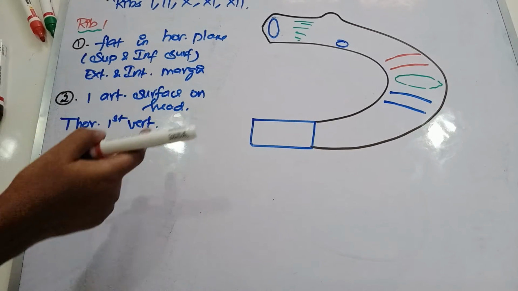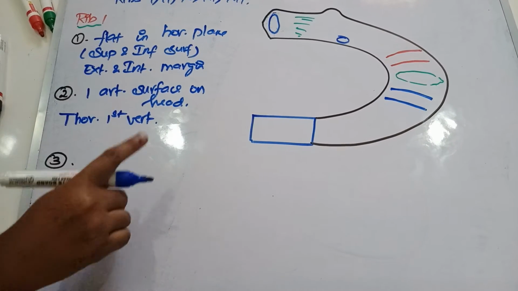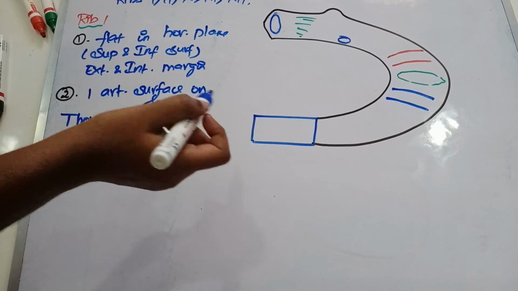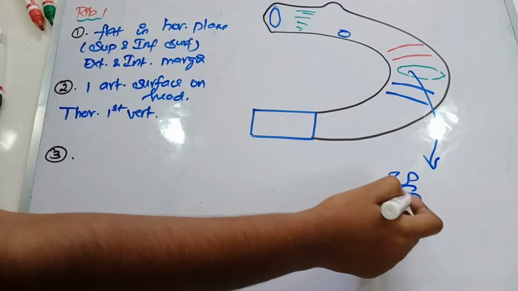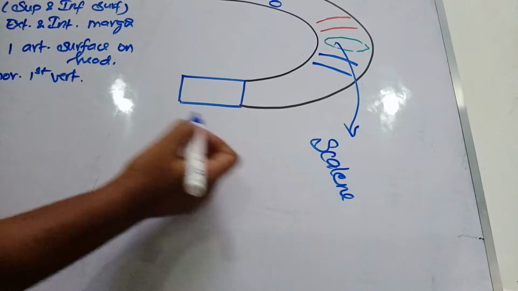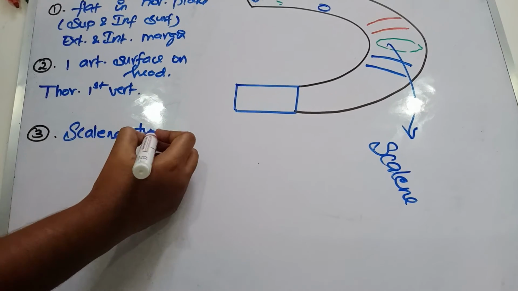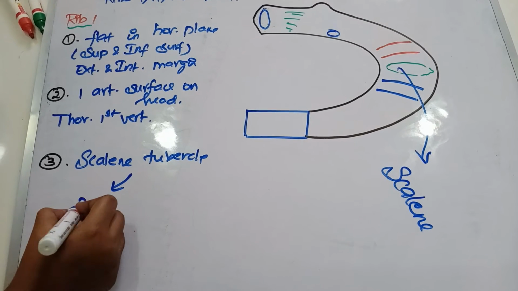And it also has a tubercle with an articular surface which articulates with the transverse process of the 1st thoracic vertebra. But in addition to that tubercle, it also has an additional tubercle called the scalene tubercle. Anterior and posterior to this tubercle, we have two smooth grooves.